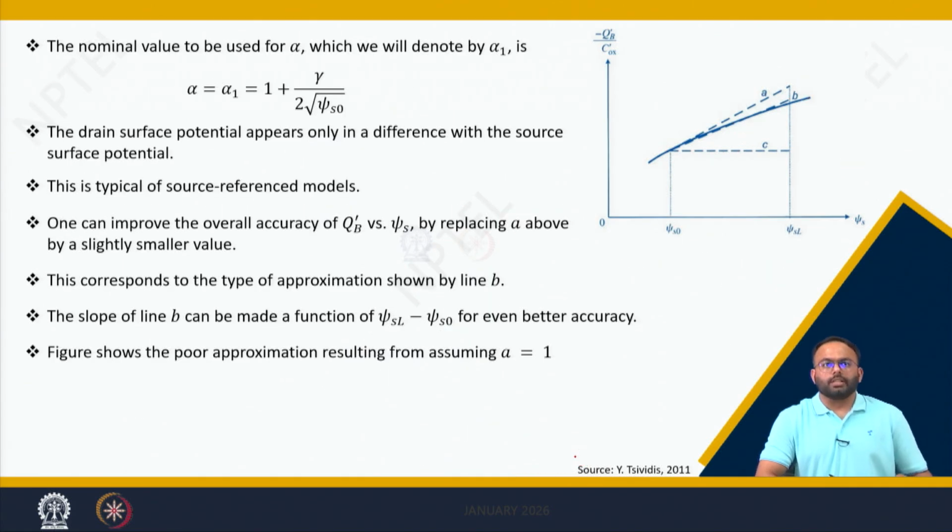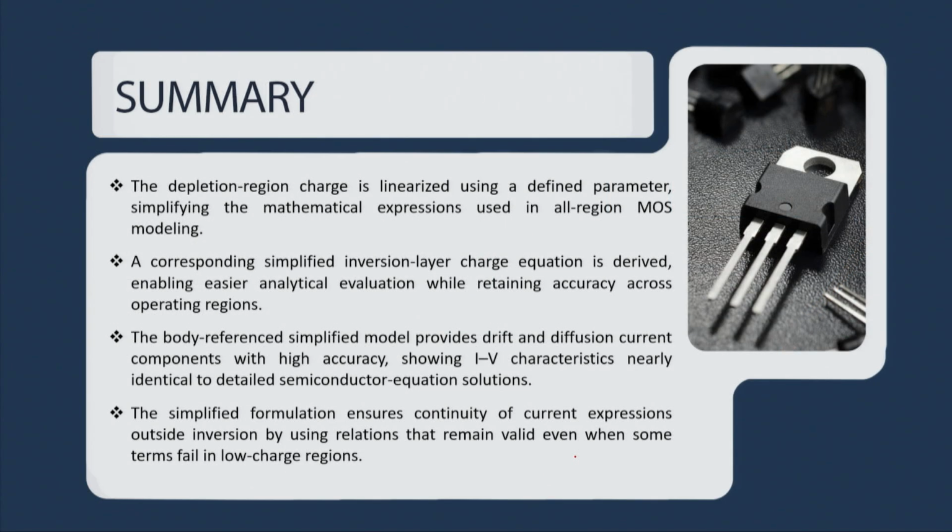So let me summarize. In this lecture we found that we can simplify our model by linearizing the bulk charge. We found that in the general equations of IDS1 and IDS2, we were getting psi SL to the power 3 by 2 or 1 by 2 terms.